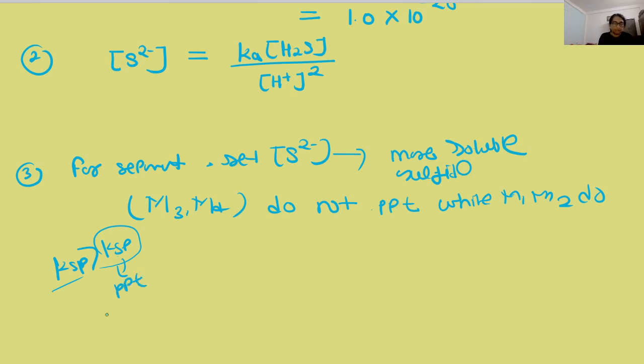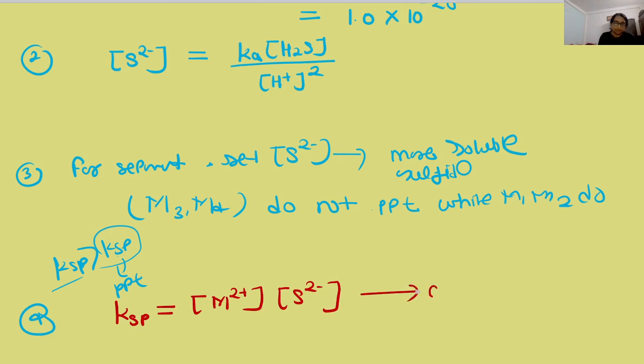Now step number 4. We write Ksp equal to the concentration of M2 plus times the concentration of sulfide for the complete precipitation of M1 and M2, as they are asking.